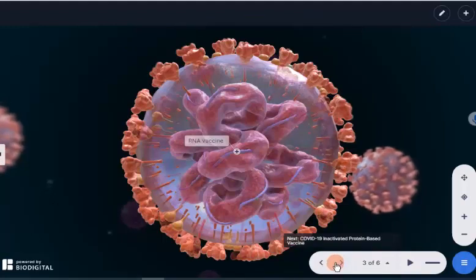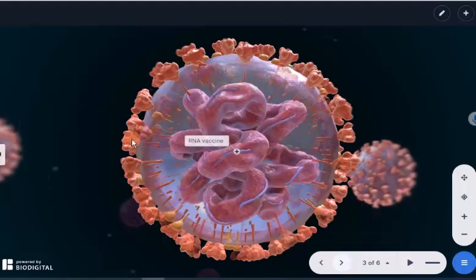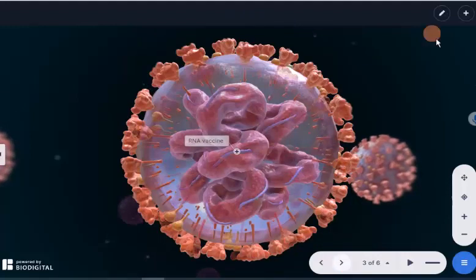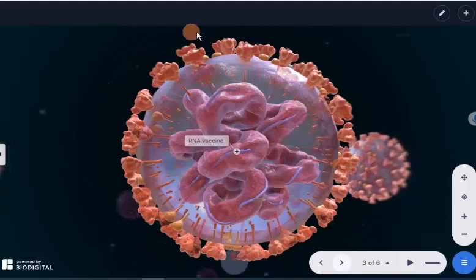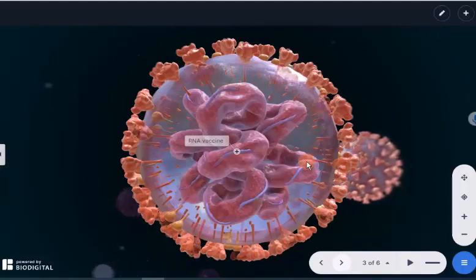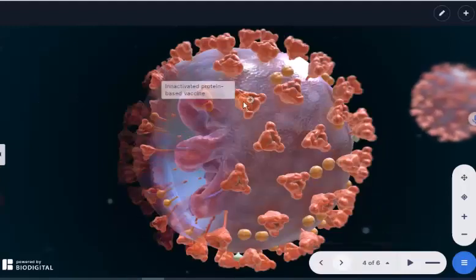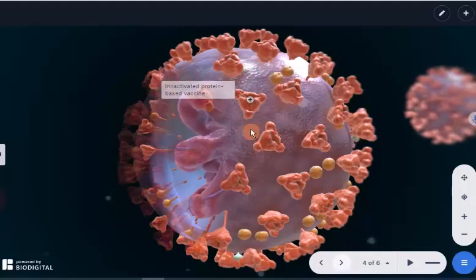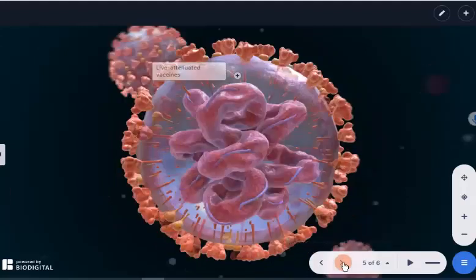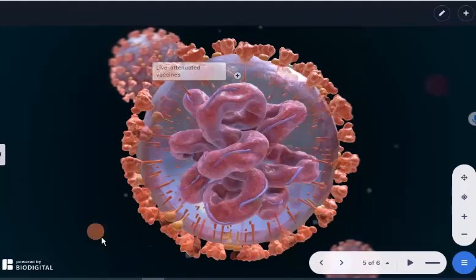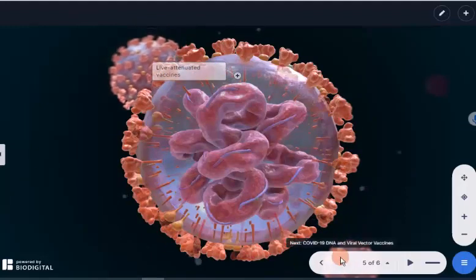It can be inserted into our body so that our body knows that there is such a virus, and the body prepares to fight against it in future. So that is called an attenuated vaccine. This is the surface protein vaccine; they study this. Then this is the attenuated one, meaning the whole organism is inserted into the body.